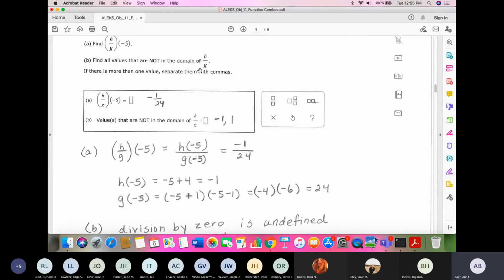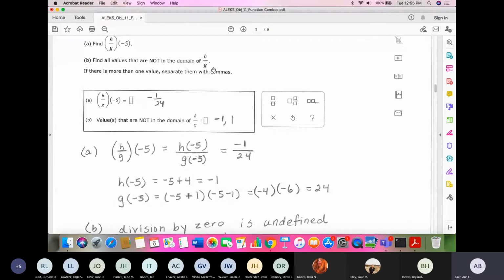What number in the denominator for g would cause problems? What can't we divide by on our calculator? 0. Correct. So the entire denominator can't be 0.